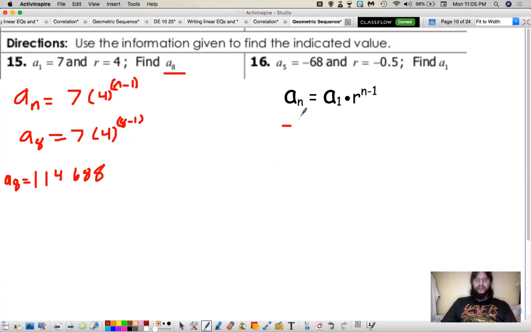A5 is -68. A1, we don't know. R is -0.5. And n, if we're using A5, would be 5.